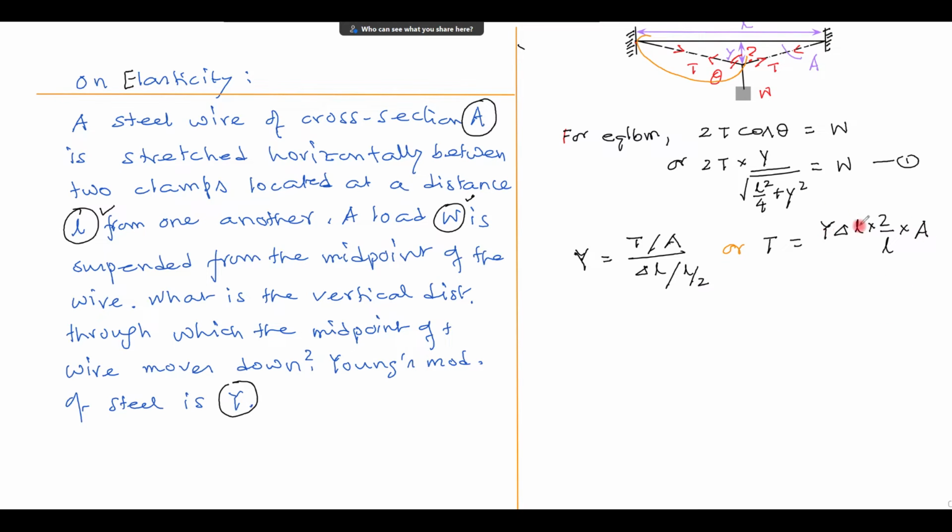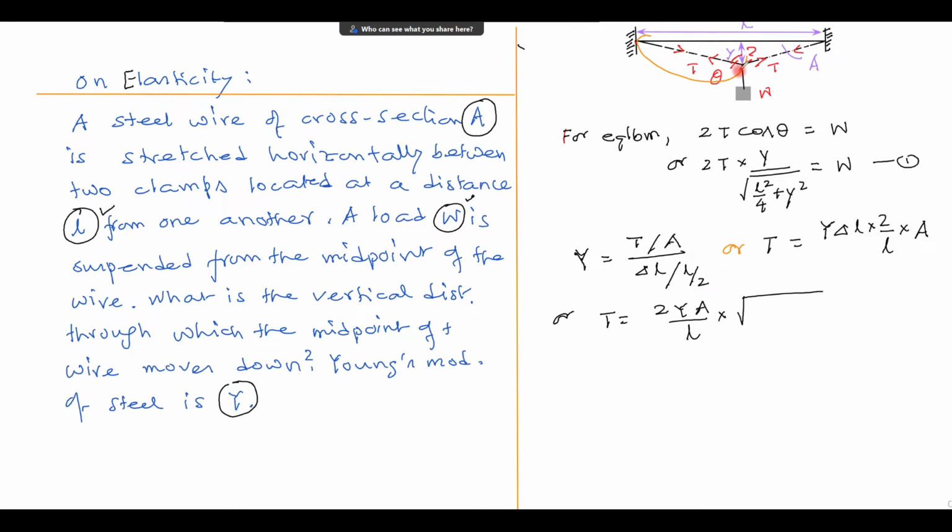So in this, del L is not known. Or T equal to 2YA del L by L. And del L equal to what? Again Pythagoras. Del L equal to increase in length.